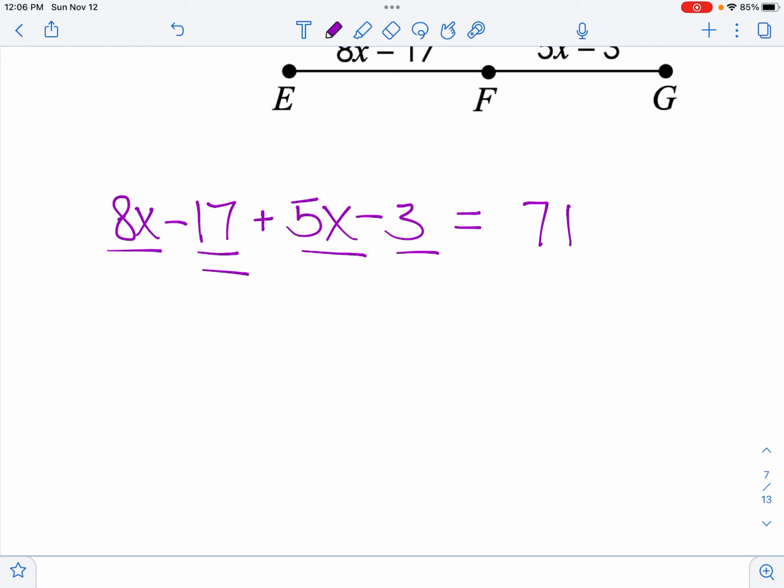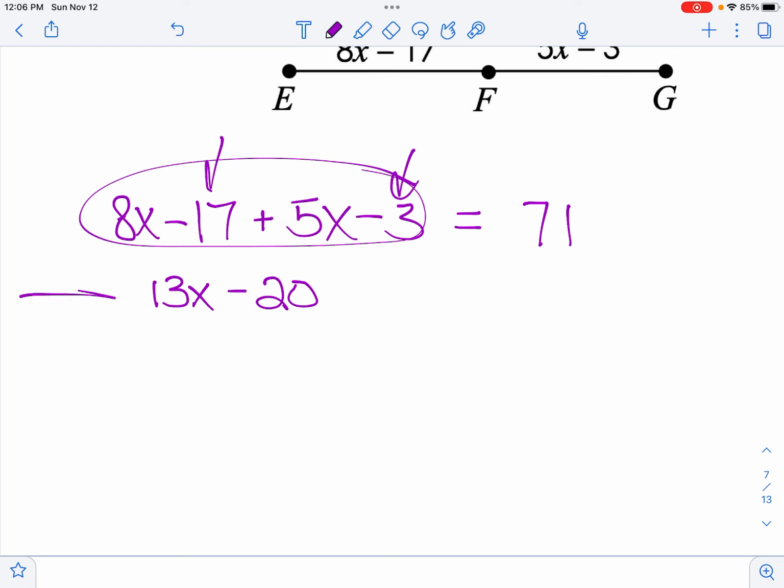So let's do that. Okay, so 8x plus 5x is 13x. And then negative 17 minus 3 is negative 20. So all of this is just combined to be that. Okay. Now, that is supposed to still equal 71. Okay, so now I have condensed this a bit.